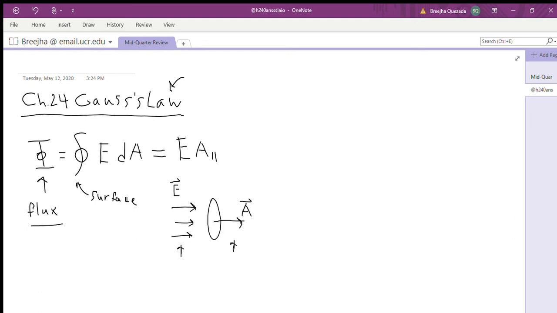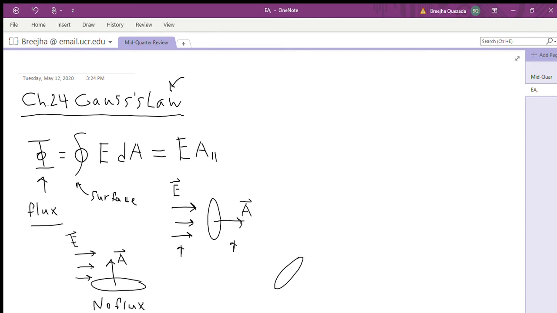But if I were to draw it this way, I have my area vector projecting at a right angle to it, or perpendicular, and I have the E field flowing in the same direction. This here would be no flux, because the area vector is perpendicular. And so when perhaps you have an area at some angle, you only care about the area that is projected perpendicular.